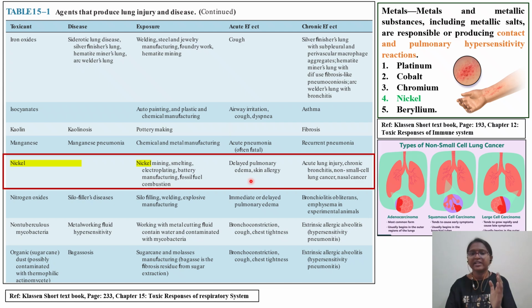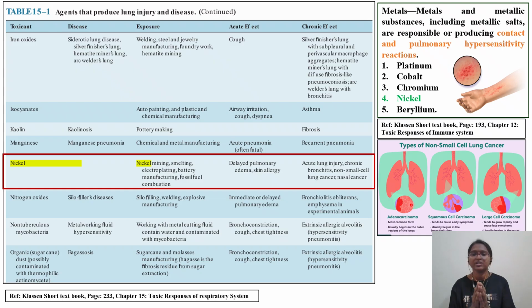Acute effects are delayed pulmonary edema and skin allergy, that is contact dermatitis. Chronic exposure will lead to chronic lung injury, chronic bronchitis, non-small cell lung cancer, and nasal cancer. When it comes to lung cancer, there are three different types: adenocarcinoma, squamous cell carcinoma, and large cell carcinoma. So read about these because a lot of new drugs are there.